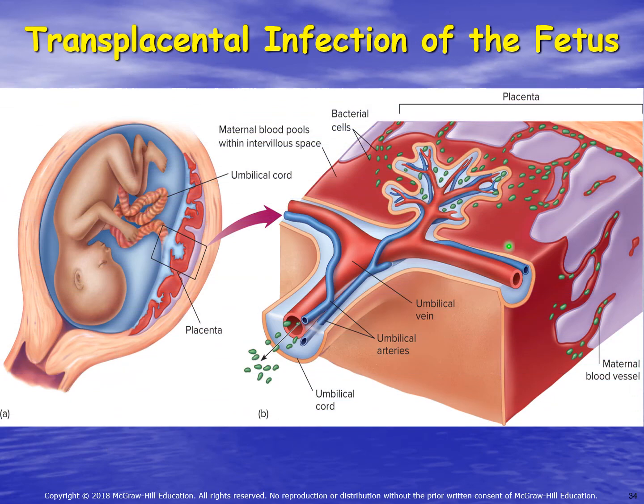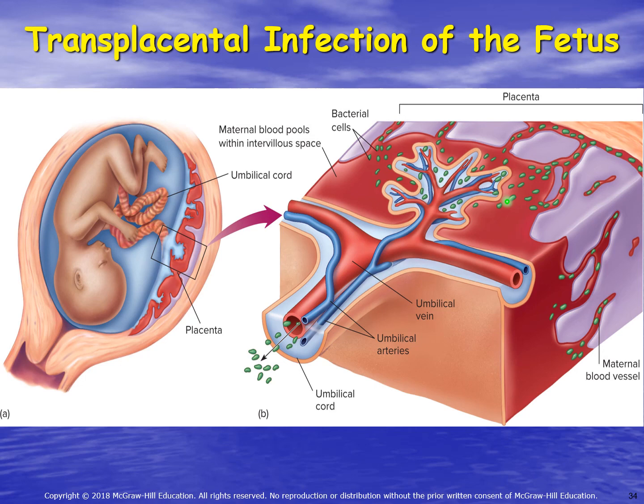So this just shows the placenta. And so again, the epithelial wall of the uterus is the only epithelial tissue that has blood vessels. The chorionic villi will form the fetal or embryonic blood vessels, and these will intersperse with the maternal blood vessels.